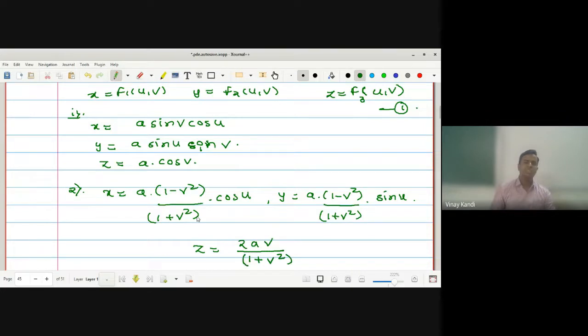So these are also parametric equations of a sphere. Hence the parametric equation of any surface in 3D space is not unique. The parametric equation of any surface in 3D space is not unique.